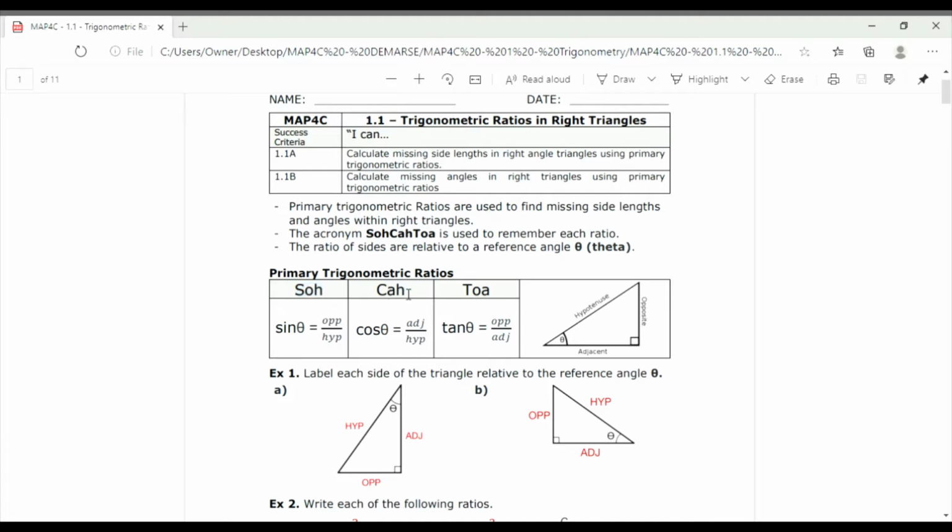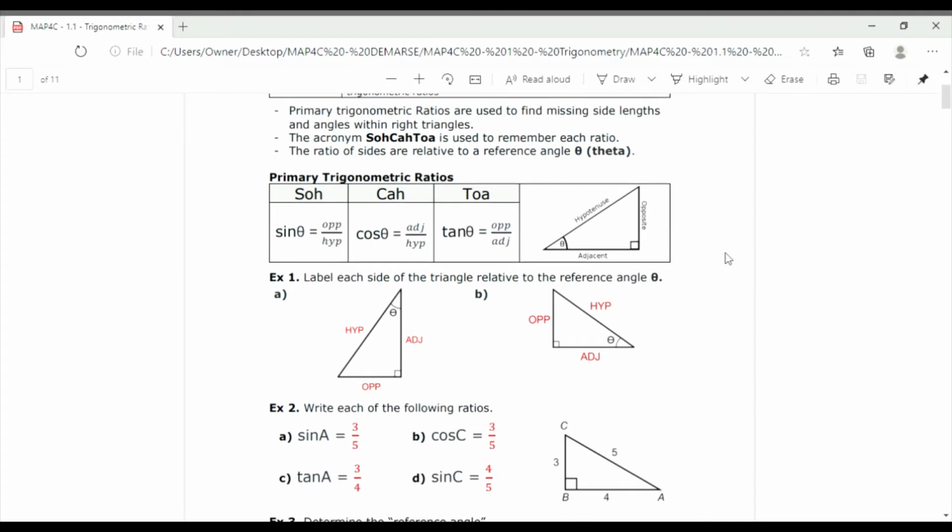CAH is used to memorize cos of theta is equal to adjacent over hypotenuse. And finally, TOA is used to remember tan of theta is equal to opposite over adjacent.